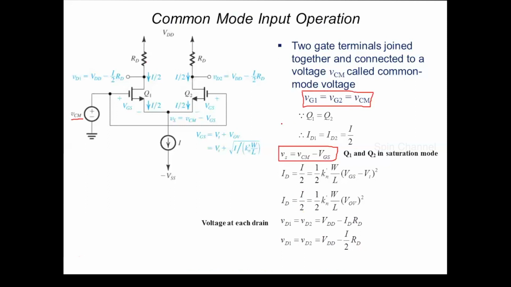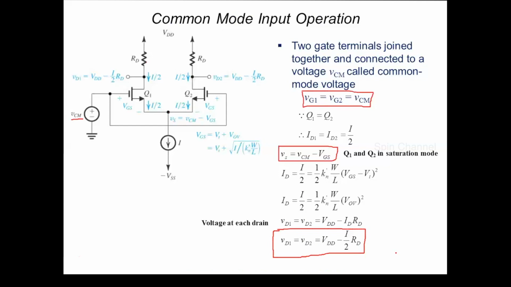The voltage at the second drain is also the same, so VD1 is equal to VD2. Both voltages are the same because the circuit follows exact symmetry and both drain currents are the same, so the drop at the drain terminal is also the same. VD1 equals VD2, which is VDD minus I by 2 into RD.